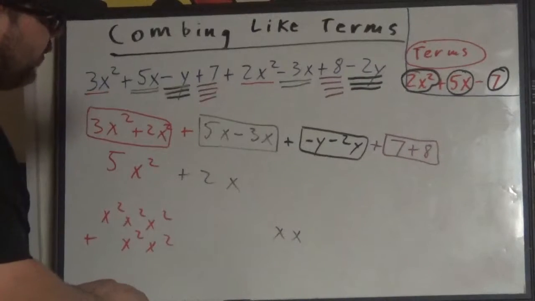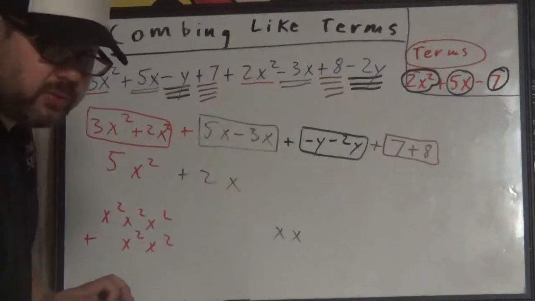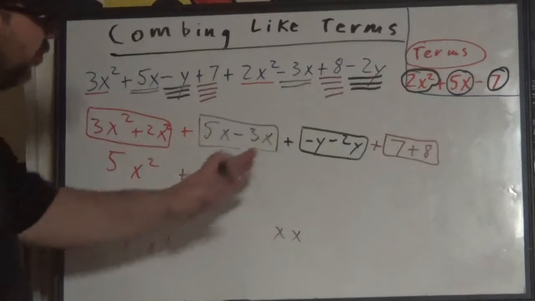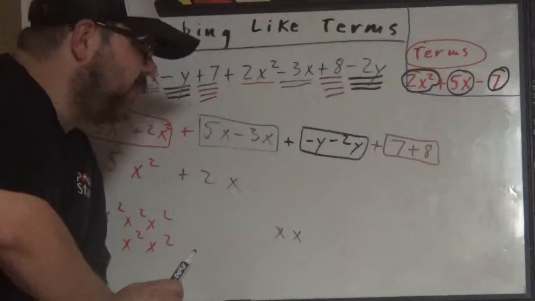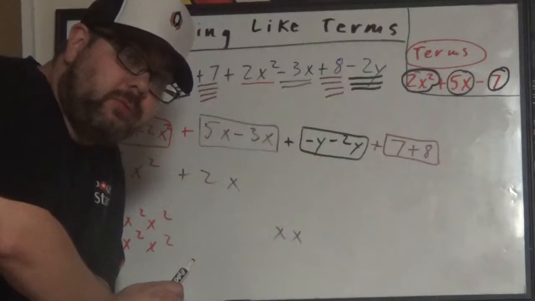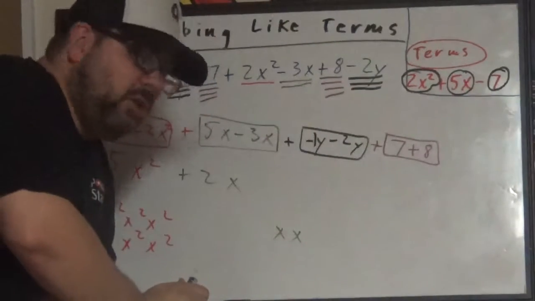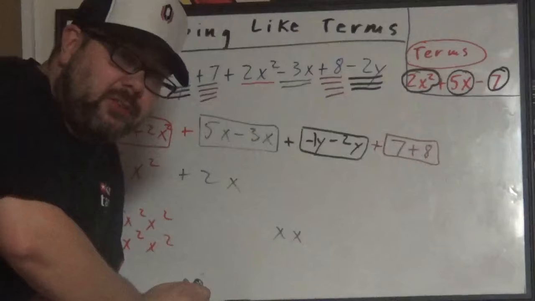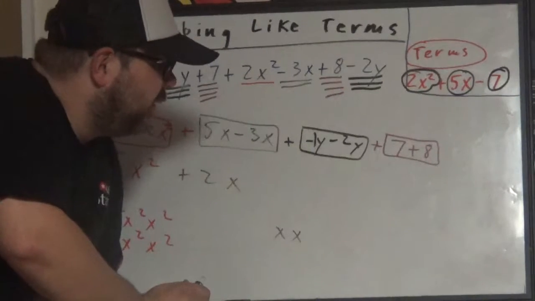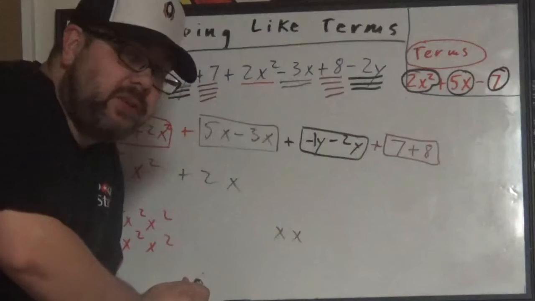Next we have negative y minus 2y. Sometimes people get confused when you don't have a number in front of a variable. Well, when we don't have a number in front of a variable, we put a 1 in front of it, or we assume there's a 1. You don't have to write the 1, but know that there is a 1 in front of it. And this is one way to think of this.